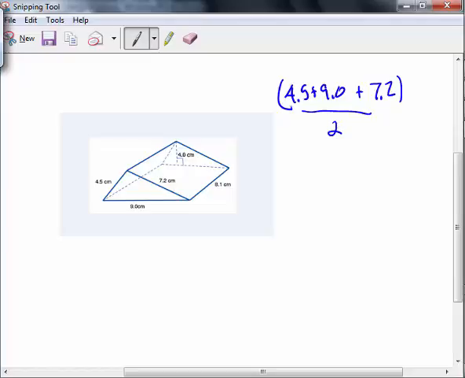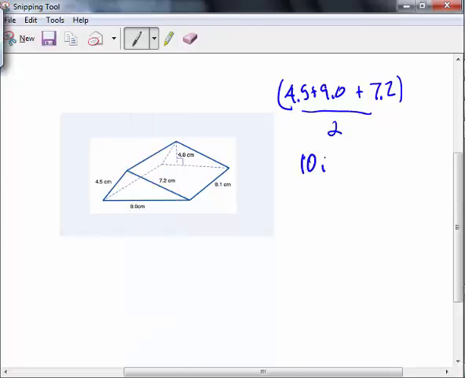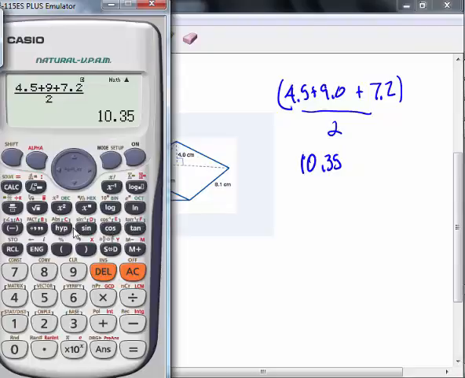So 4.5 plus 9 plus 7.2 over 2, and so the semi-perimeter is 10.35. Okay, so then we would take that and use Hero's theorem to get the area of the base.